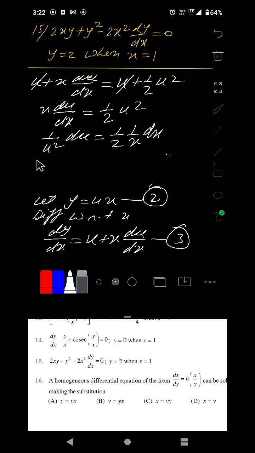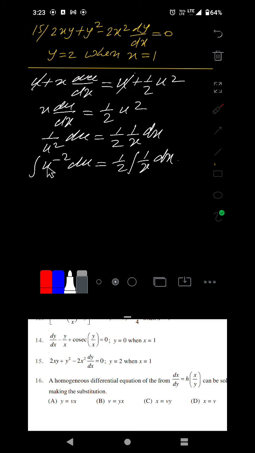Now integrating both sides, we have integral u raised to the power minus 2 du is equal to half integral 1 upon x dx. Integral of u raised to the power minus 2 is u raised to the power minus 1 upon minus 1 is equal to half, and integral of 1 over x is log x, and plus c.